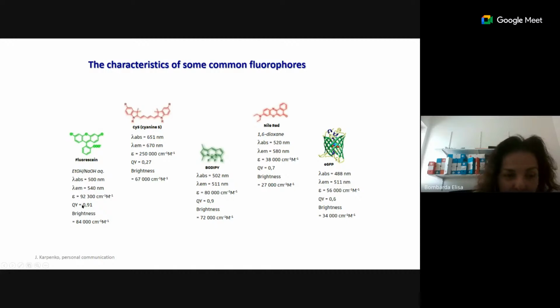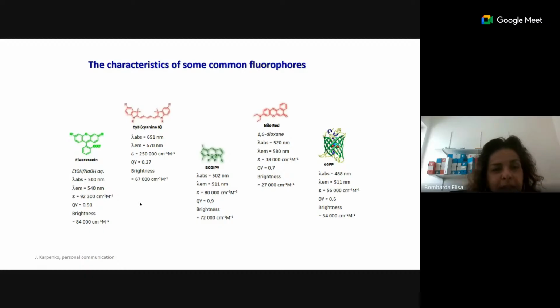That's the case of fluorescein, which is one of the most fluorescent dyes, almost one, you see. Or with a high extinction coefficient, in the case of cyanine dyes.